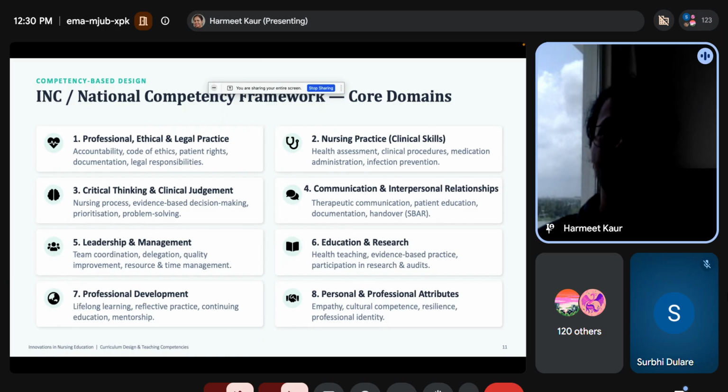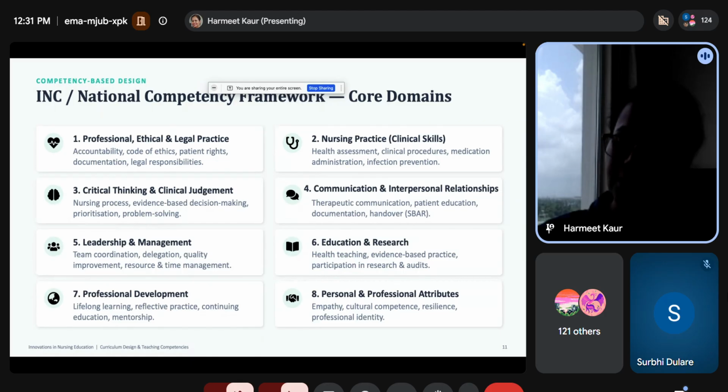Then professional development. One should be a lifelong learner. The student should know that after completion of bachelor's or master's, they still need to keep on updating themselves. Nowadays they are thinking there will be an exit exam for BSc nurses, so that they are licensed only after completing the exit exam, to see whether students are competent to practice in the clinical area.